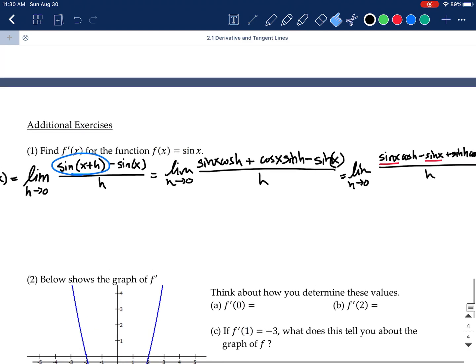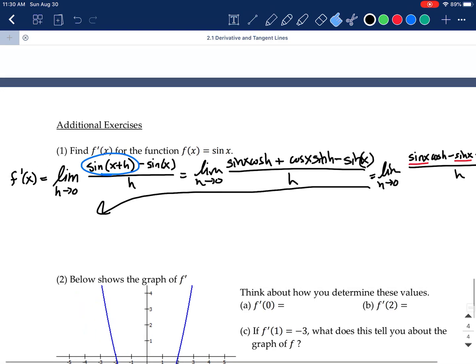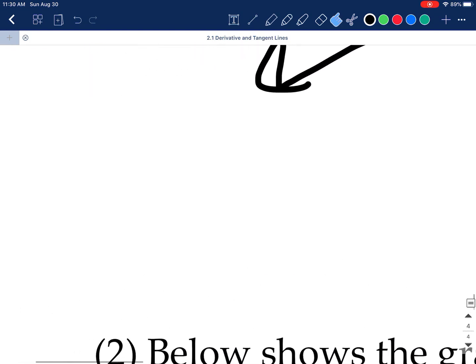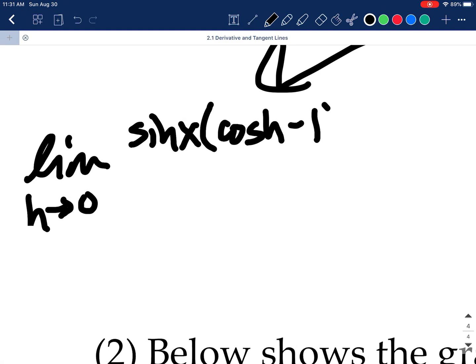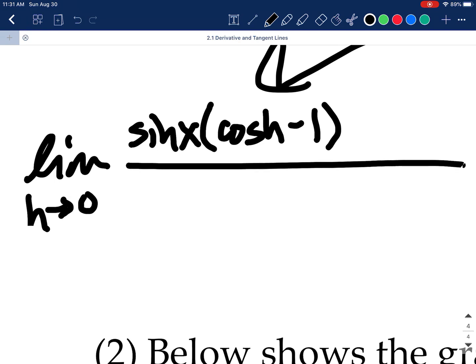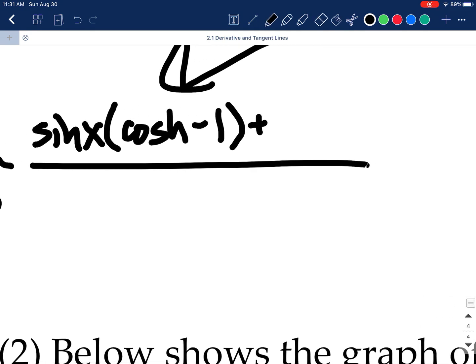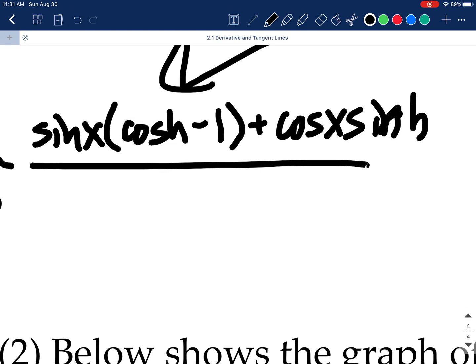So factoring out the sine x, we're going to get sine x cosine h minus 1, again, plus cosine x sine h, still on the right here.